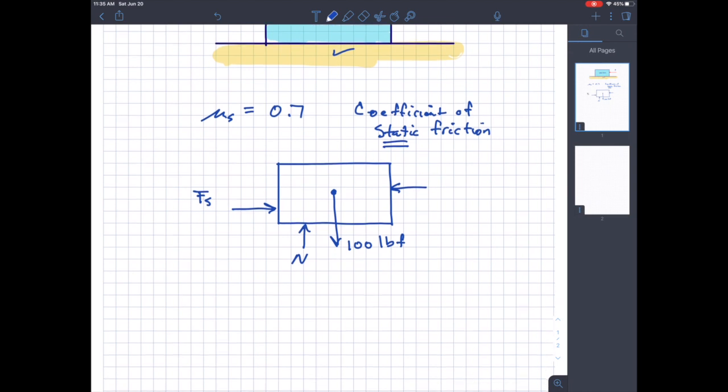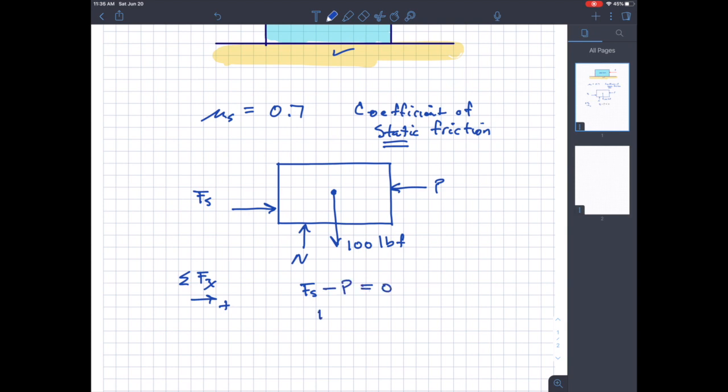So what we know about statics so far is that the sum of forces in the x direction is equal to 0, and the sum of forces in the y direction is equal to 0. So if this is a force P, and I'm looking at sum of forces in the x direction where to the right is positive, then I have that Fs, which is positive, minus P is equal to 0.